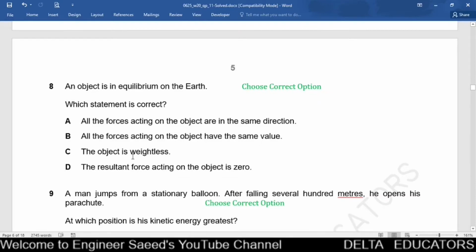Option C. The object is weightless. Option D. The resultant force acting on the object is zero. Here the correct option is option D. It is the basic definition of equilibrium that the resultant force acting on an object is zero, or in other words, the sum of all the forces acting on an object is zero. So the correct option will be option D.